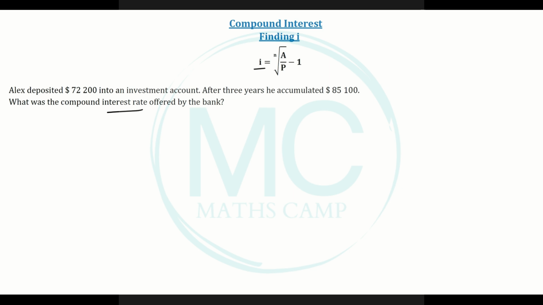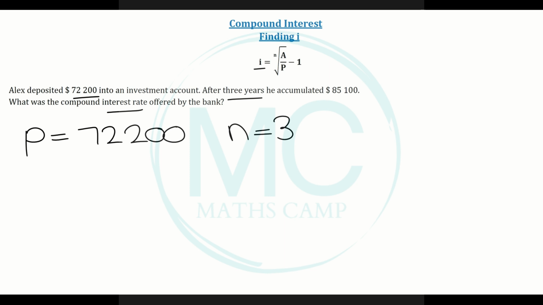Alex deposited $72,200 into an investment account. That's the principal amount. So you can say P is equal to $72,200. He invested for 3 years.